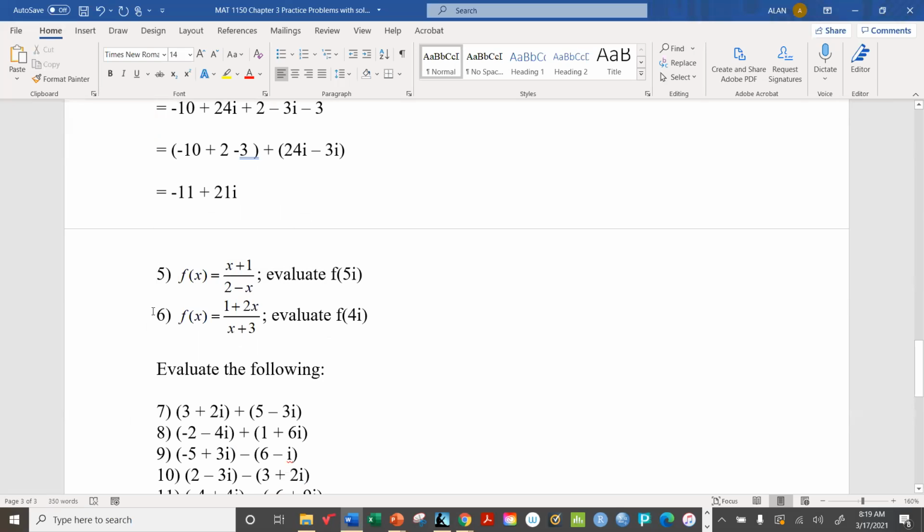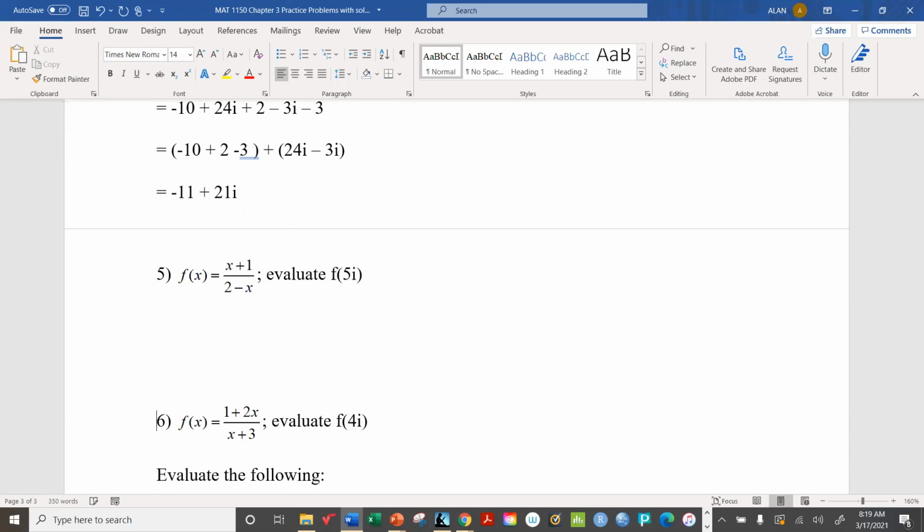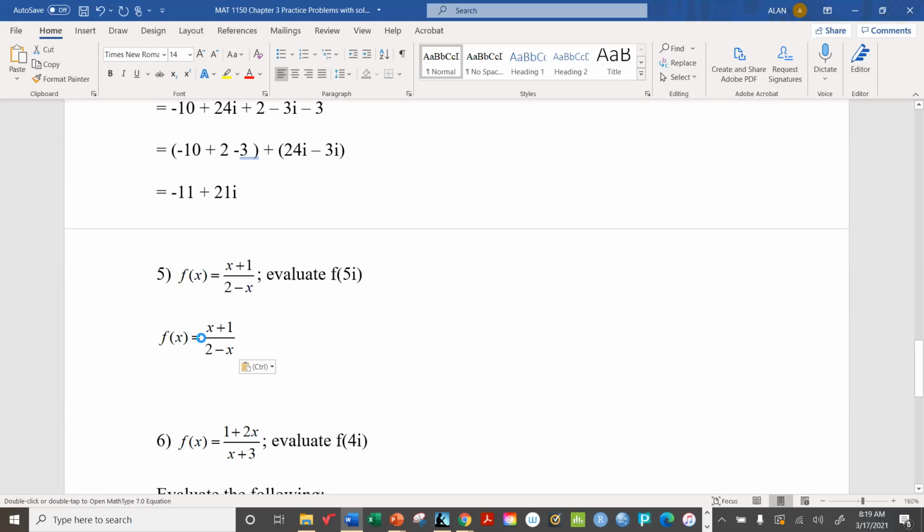Now this one's going to be a bit of a mess, but not really, because it enables us to take advantage of a technique we saw in the chapter. So first, let's just plug everything in. So remember, each x becomes 5i.